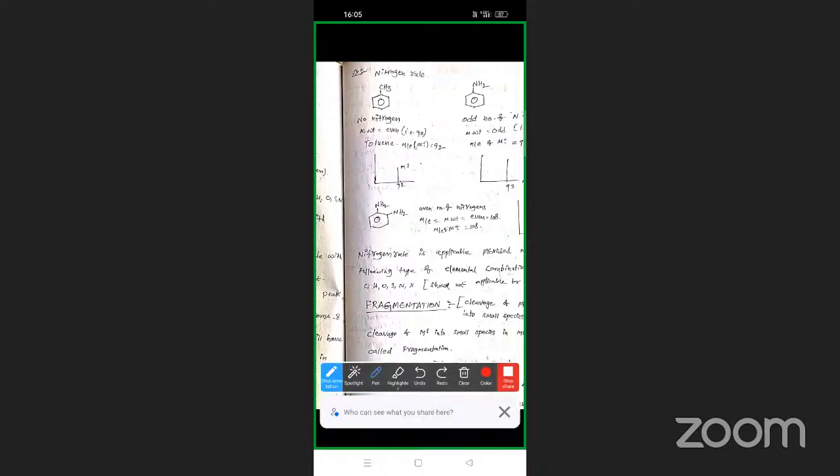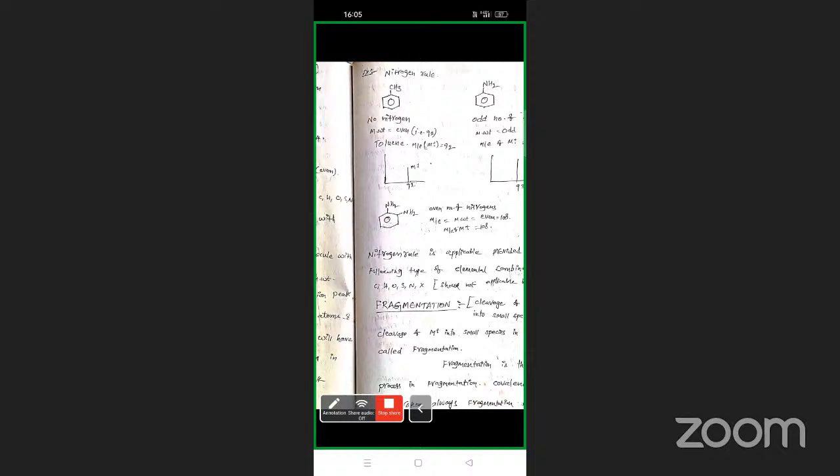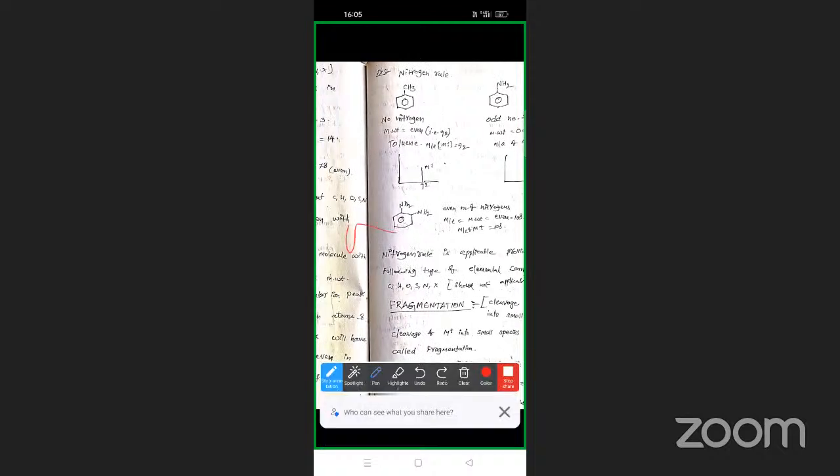And one more problem: the molecular weight is 93 with 6 carbons. Then 93 is an odd mass, so definitely there must be at least 1 nitrogen.